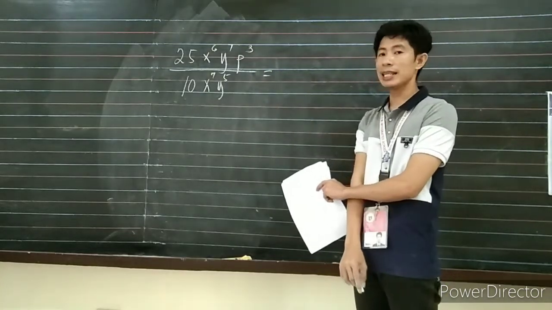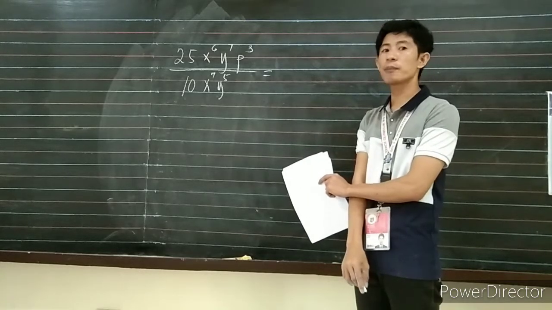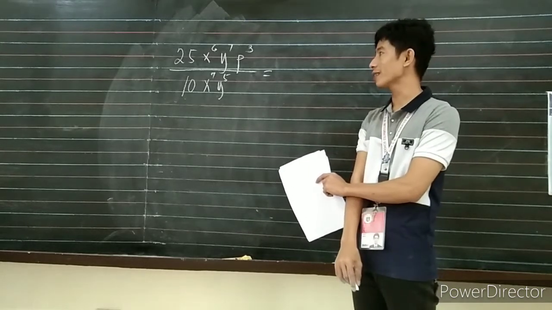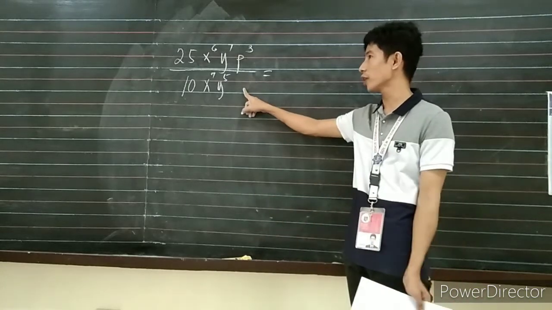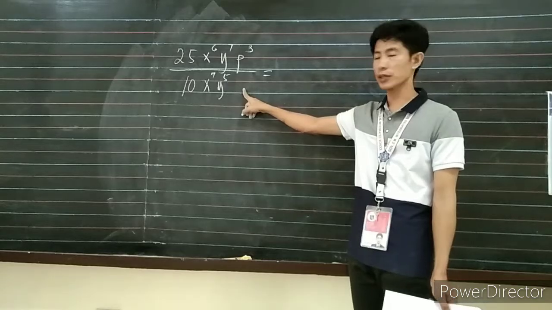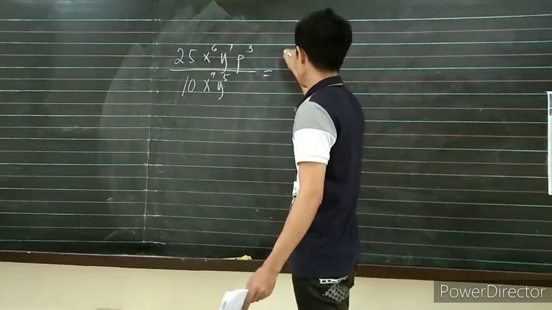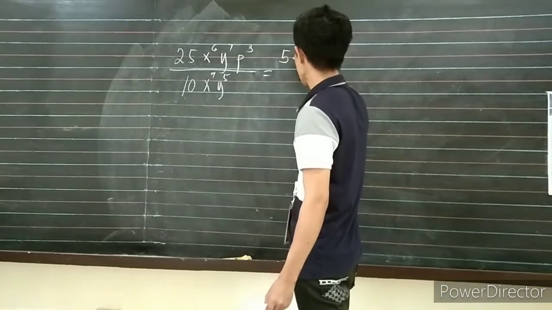The first one is the long method, wherein we're going to find the prime factors of the numerator and of the denominator and then cancel out the common factors. The prime factors of 25 is 5 times 5.